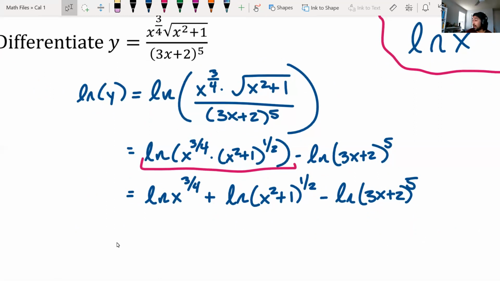Okay. And now, after we did quotient to difference, product to sum, we are now going to do the logarithmic power rule.